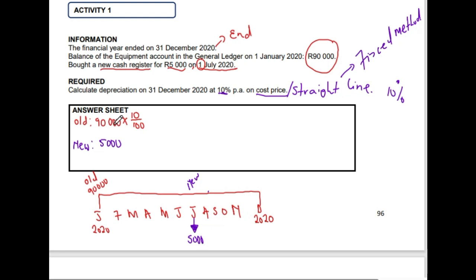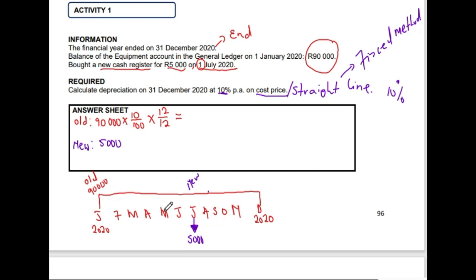Meaning this old equipment will be available in the business for how many months? For 12 months, over 12. And then how much is our depreciation? Guys, we are going to say 90,000 multiplied by 10 over 100, since this is our given percentage, multiplied by how many months the equipment will be available in our business during that financial year.